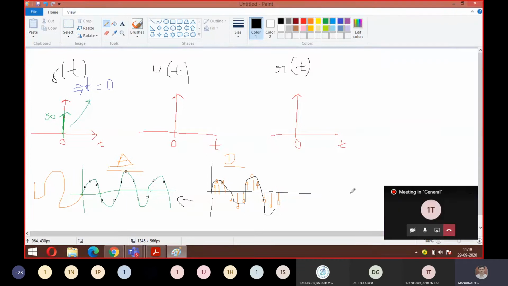Okay. So the diagram I wrote on the screen, I think that is visible clearly to everyone. So you got the difference between analog and digital now. Sampling is what we do in the digital.